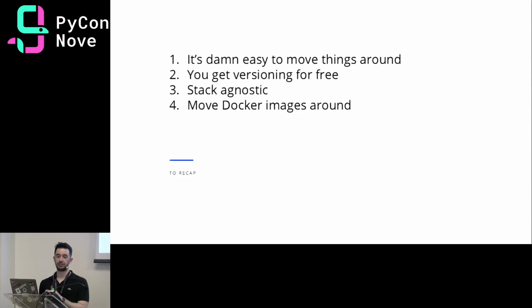Again, you get versioning for free because you need to tag each image. And it's stack agnostic because you just ship containers and you don't have to worry about this. No? And as I said before, it's super easy to move Docker images around. You can push and pull images. You have Docker registry as a service, so you don't have to worry about this.